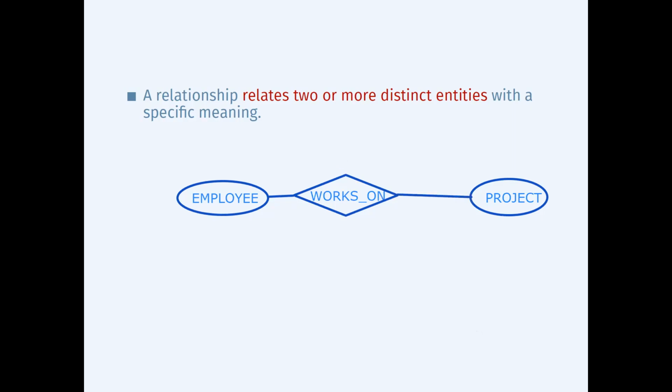So works on is a relation. Employee works for projects. Sorry, this one, it should be an entity. So it was my mistake, sorry. This should be rectangles.